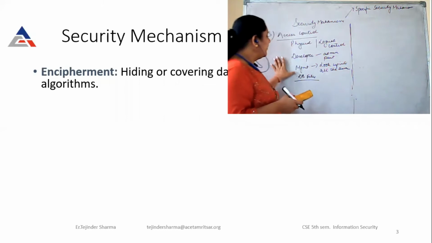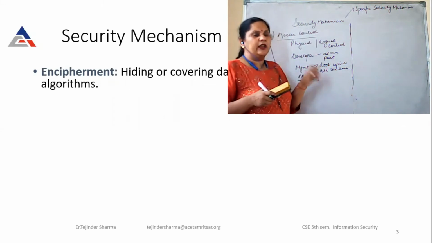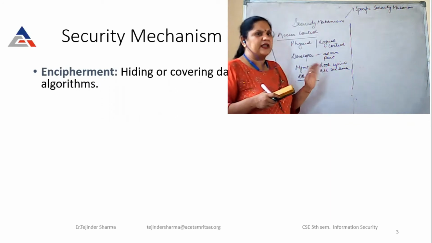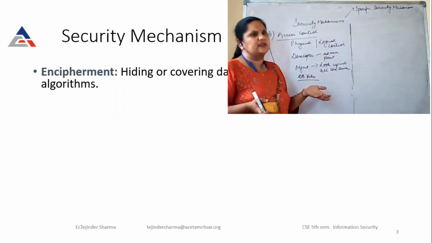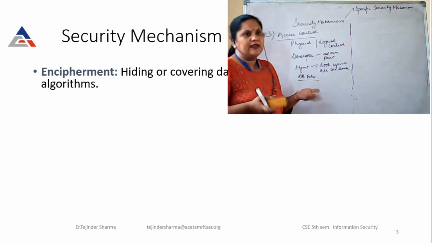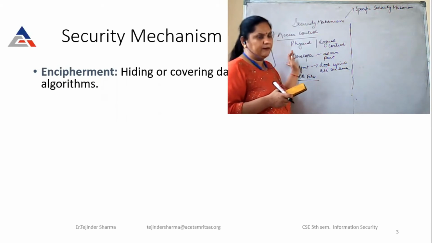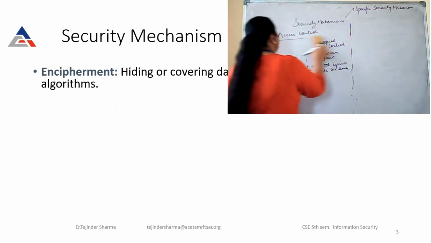So that's why we are denied. For example, if I put the login customer ID of my banking site, but I put the wrong password, the access is denied to me. That means I'm not allowed to access because I don't have the right password. That means my security is not compromised. Okay, so that is called access control.